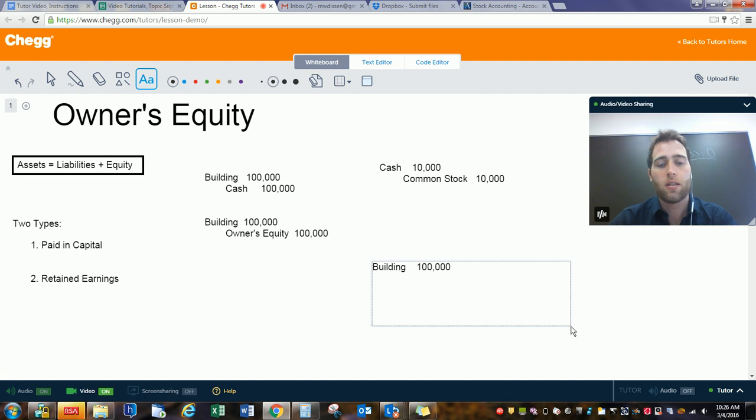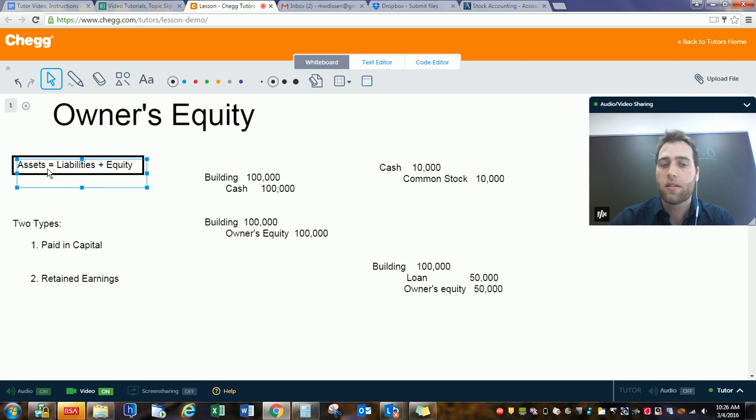So they're going to debit building for $100,000. They're going to put that loan as a liability for $50,000, and then they're also going to credit owner's equity $50,000 because the other half was paid for by just an owner. In that case, they have a brand new $100,000 asset. They have a $50,000 loan liability, and then the other $50,000 that was just given to them is equity.